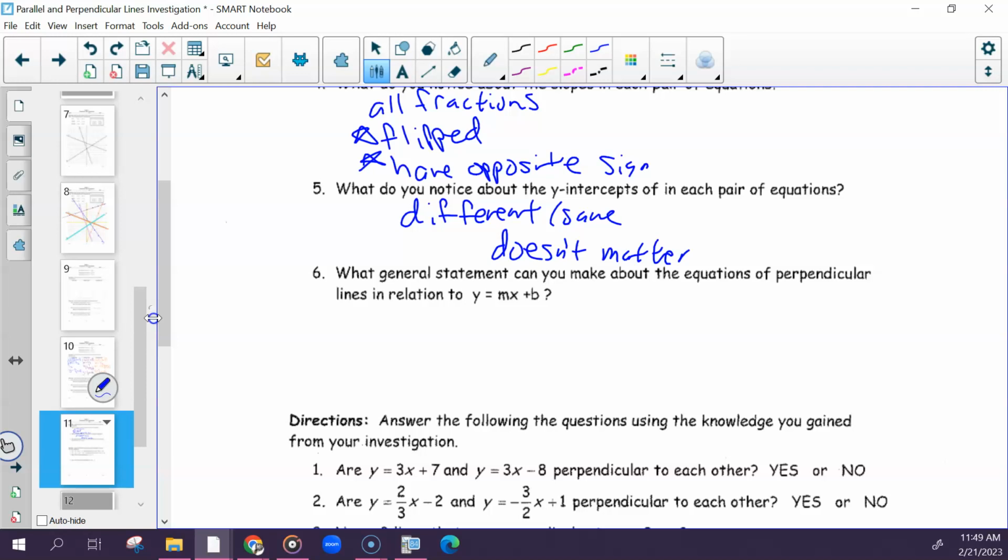So let's put all of that together. Perpendicular lines have, fill in the rest.